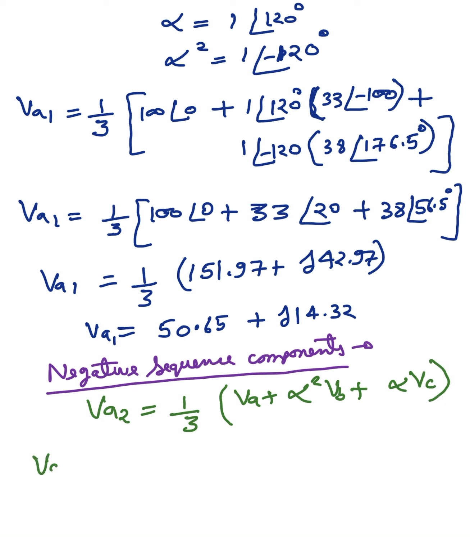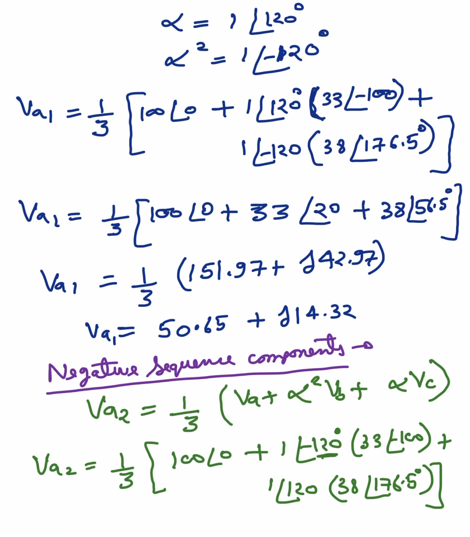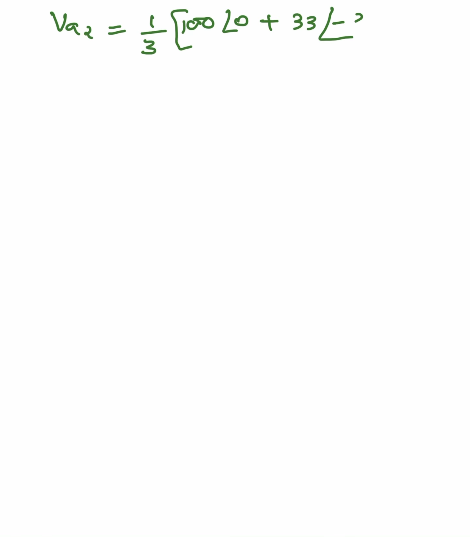So VA2 is 1 upon 3 times 100 angle 0, plus alpha square, 1 angle minus 120 degrees, times VB, 33 angle minus 100, plus alpha, 1 angle 120, times VC, 38 angle 176.5 degrees. When you solve it, 100 angle 0, plus 33 with angle minus 120 minus 100, that is minus 220, plus 38 with angle 296.5.